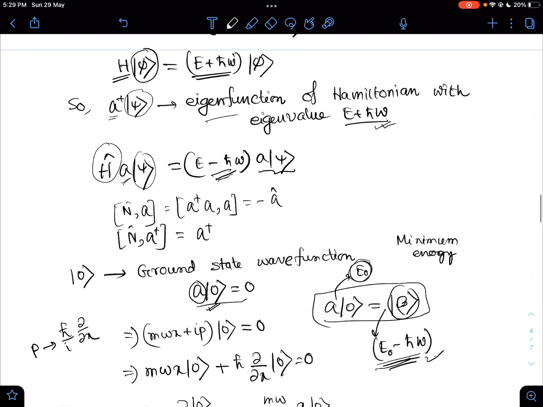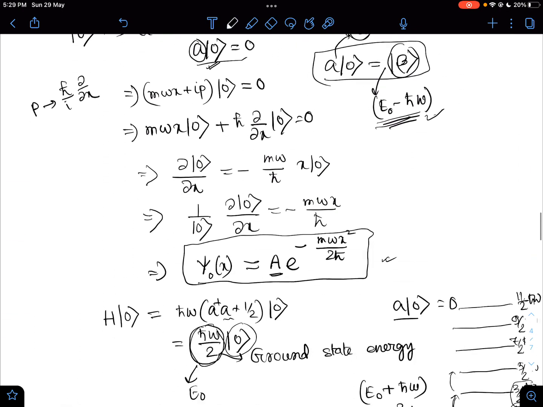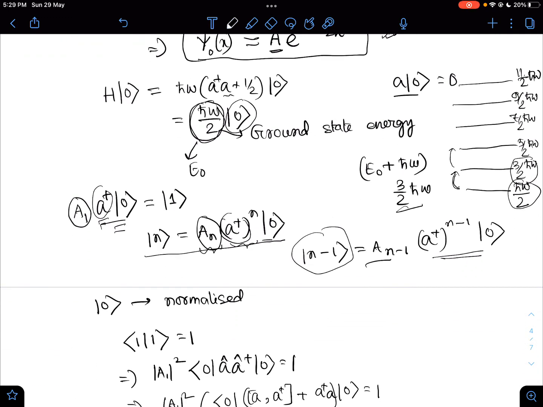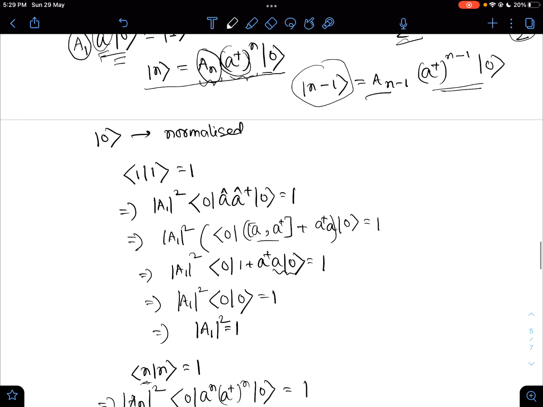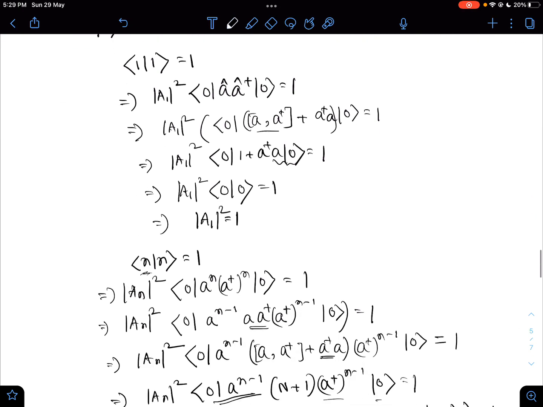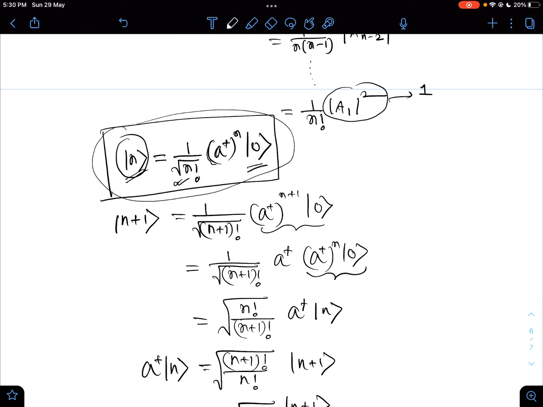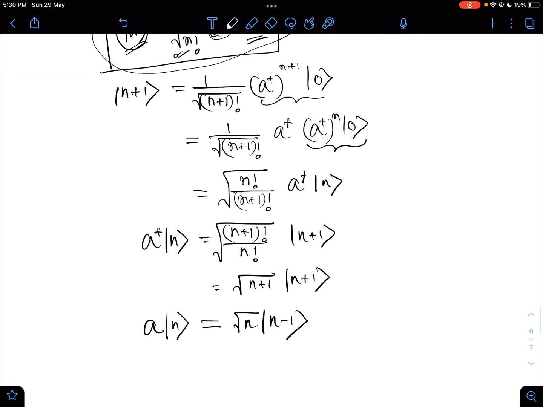Then with all these commutation relations, we calculated the ground state, and we found a way by which, if we know the ground state, we can construct any excited state, from this formula. That means if we iteratively keep applying this raising operator, we can find all the eigenstates, and we already know the eigenvalues. That is why we can span the whole energy spectrum.